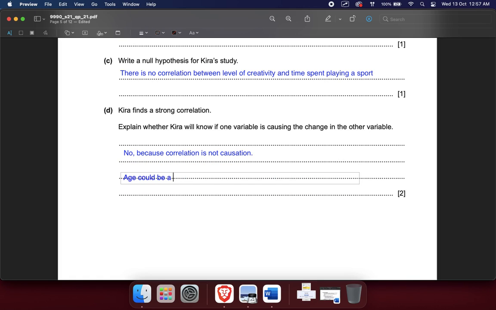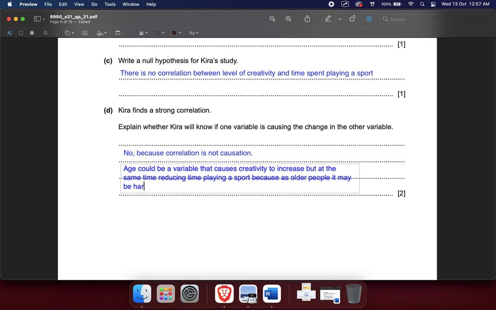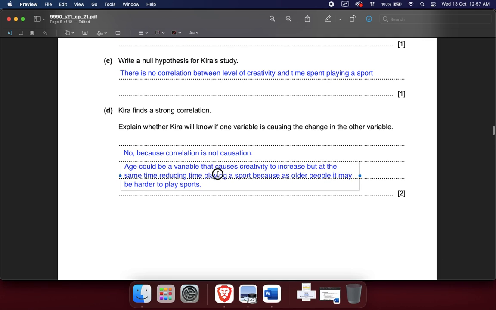Okay, so here for example, age could be a variable that causes creativity to increase, but at the same time reducing time playing sport, because as older people... So firstly, will Kira know that one variable is causing the other?